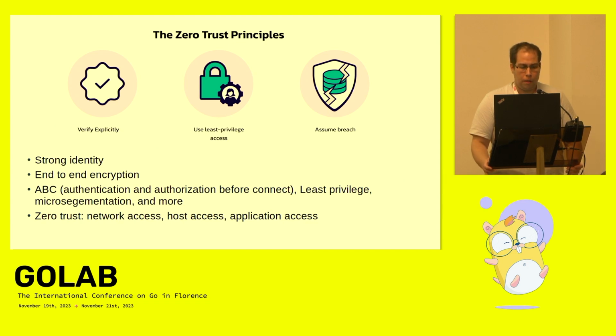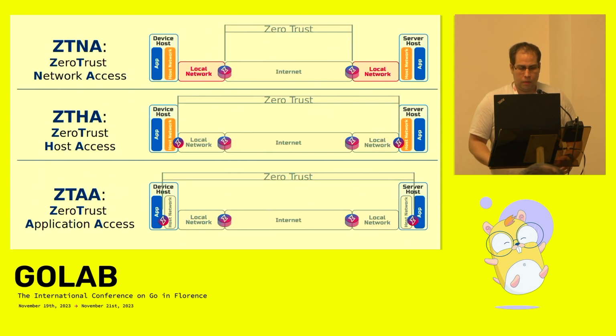When we talk about zero trust, there are different types that exist. We have network access zero trust, host access zero trust, and then application access zero trust. We will look a little bit at each and see what we have here. The first one, zero trust network access: we are basically putting zero trust into our networks.